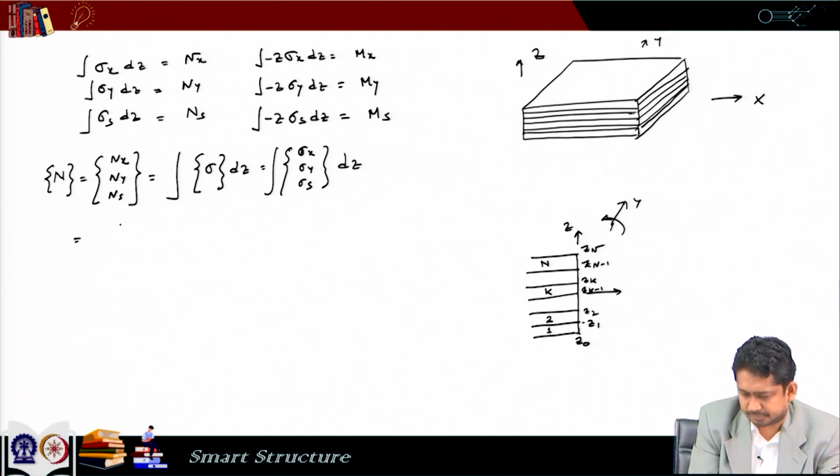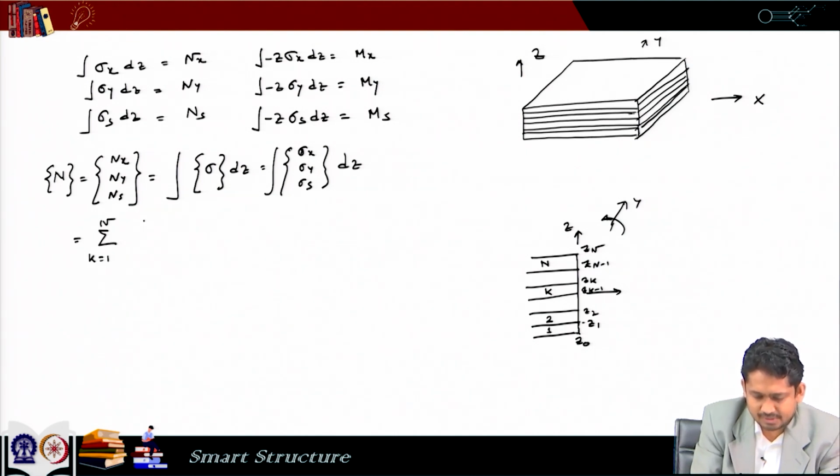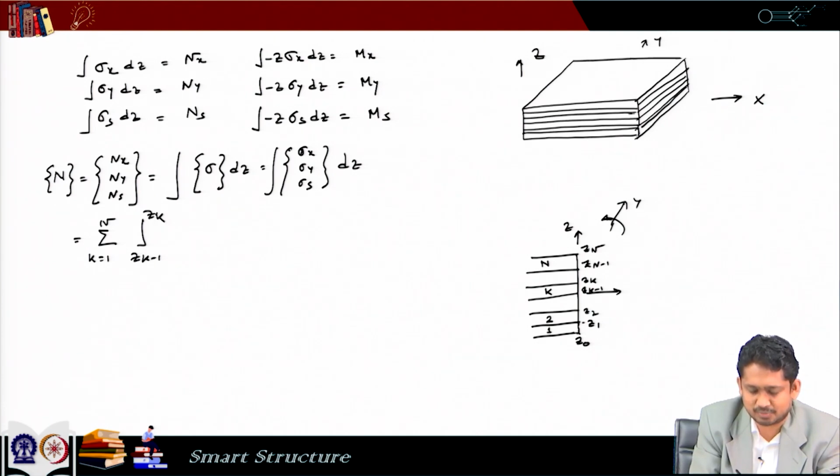Now, this integration is from here to here along the entire thickness. So, we will break the integration into different plies. So, we will integrate over each ply and then sum it up. So, we can write this integration as the sum over k is equal to 1 to n of the integral from z k minus 1 to z k, because kth ply spans from z k minus 1 to z k, and then we integrate.